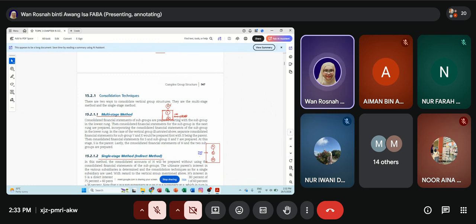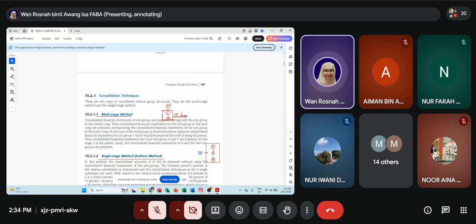Let's say here we have the holding, the subsidiary, and another subsidiary. In the multi-stage method, the financial statements of subgroups are prepared first, with the subgroup at the lowest rung. The consolidated financial statements for the subgroups in the next rung are then prepared, incorporating the consolidated financial statement of the subgroup.